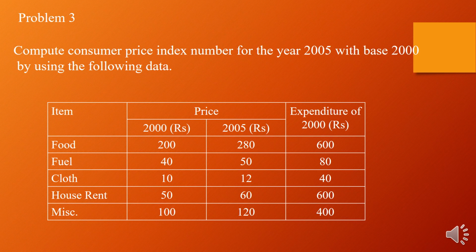That is Q0, and it is very simple. Expenditure of the base year means the base year's quantity multiplied by the base year's price. Therefore when P0 into Q0 is divided by P0, we get Q0. So we'll do that.